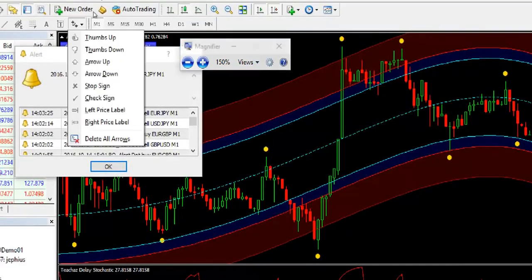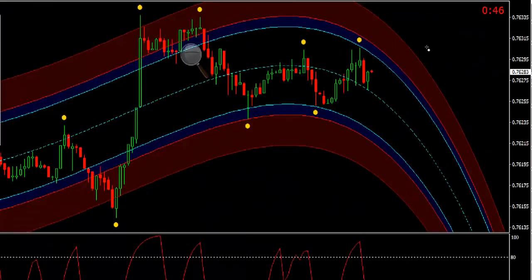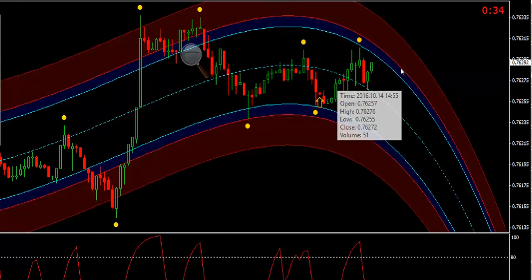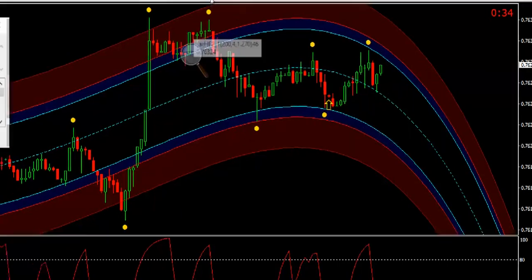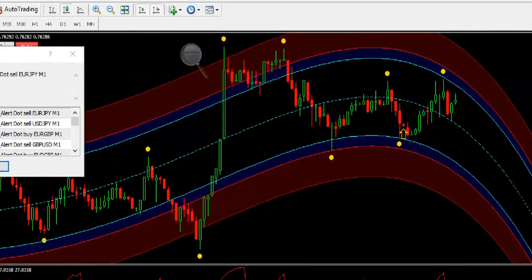Just to make sure that we understand each other, in this case I'll enter on the second candlestick, which is this one here, and I'll count 1, 2, 3, 4, 5. It was going to expire around here, which was going to be a winning trade.